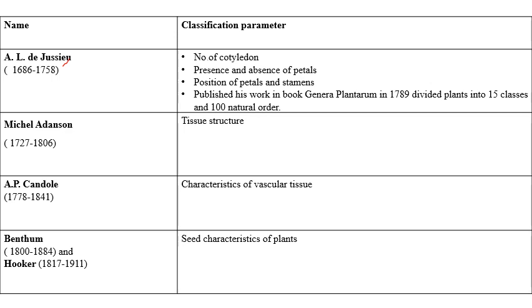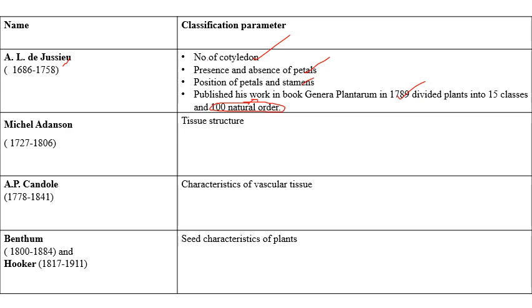He observed number of cotyledons, then presence and absence of petals, position of petals and stamens, and published his work in the book Genera Plantarum in 1789, dividing plants into 15 classes and 100 natural orders. So these were the characters which were taken into consideration while classifying plants.